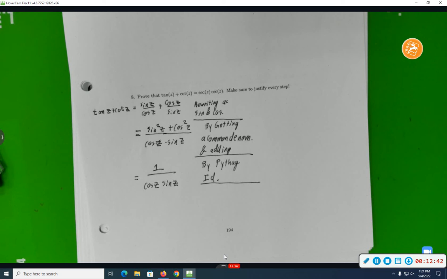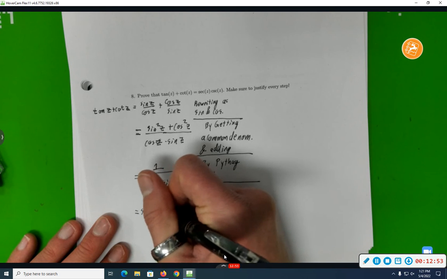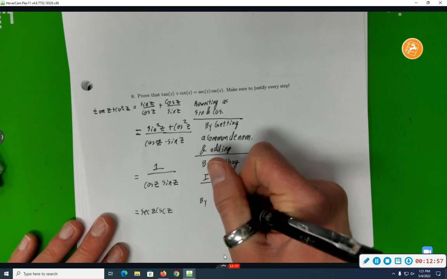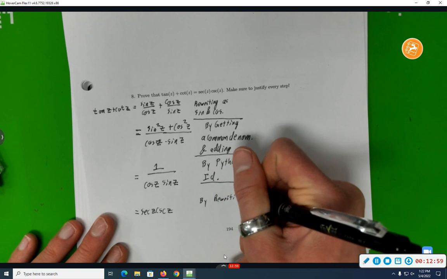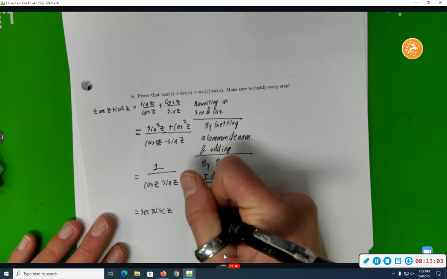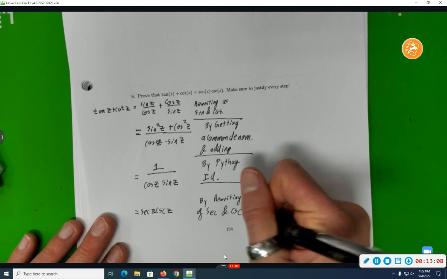Anyone have any drastically different proofs that they used? Okay. Equals secant z cosecant z by rewriting in terms of secant and cosecant.